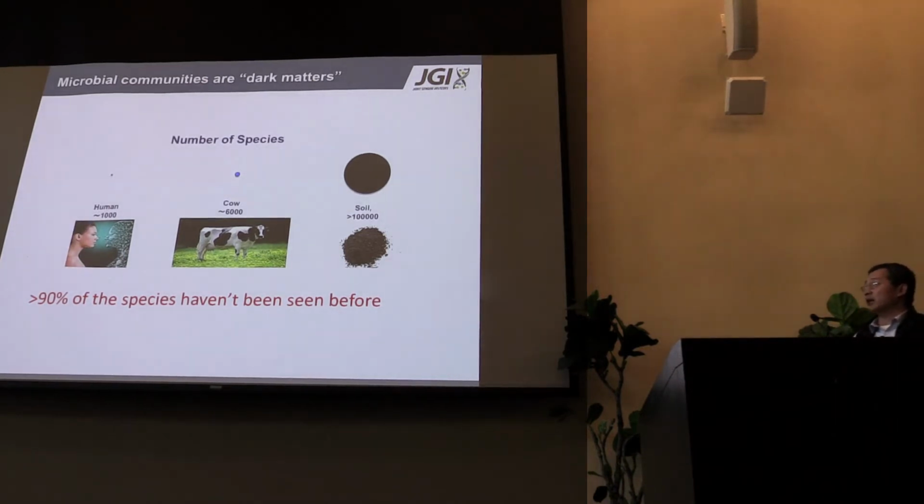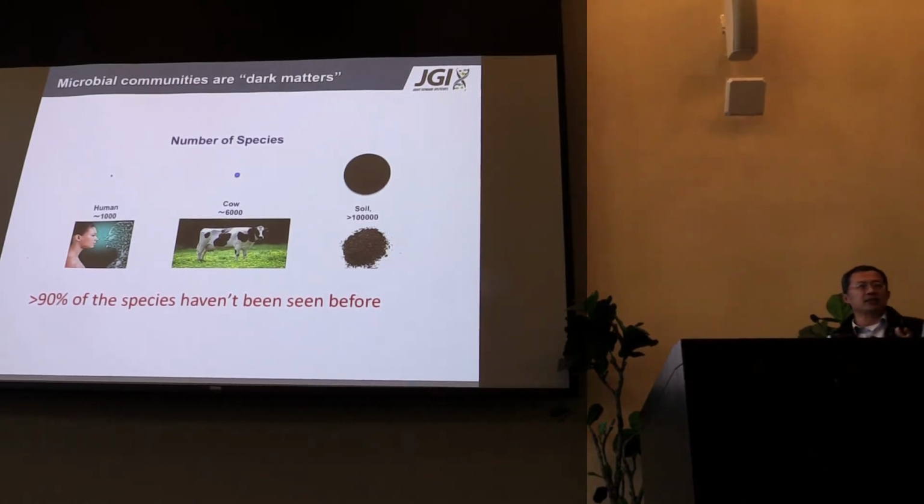And when we go out to the environment, like the cow, we're interested in the cow at DOE because a cow represents a bioreactor for making biofuels. In their gut, there are about 6,000 different species living with them. And really, the champ is when we go to the dirt. Just a gram of dirt can contain up to 1 million different microbes. And we still don't know how many there are, as we don't have a technology to measure how many different kinds there are.